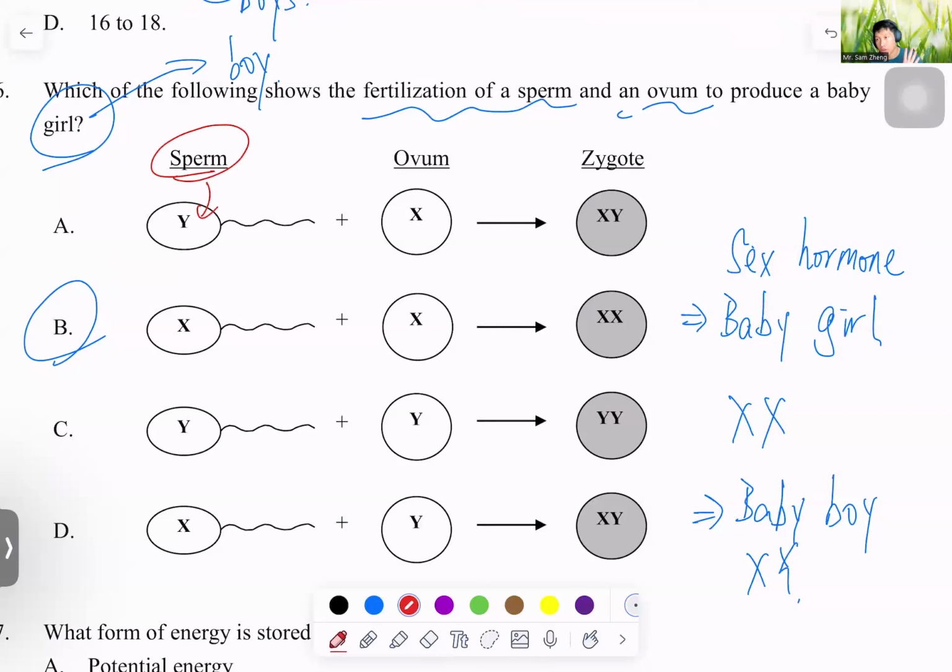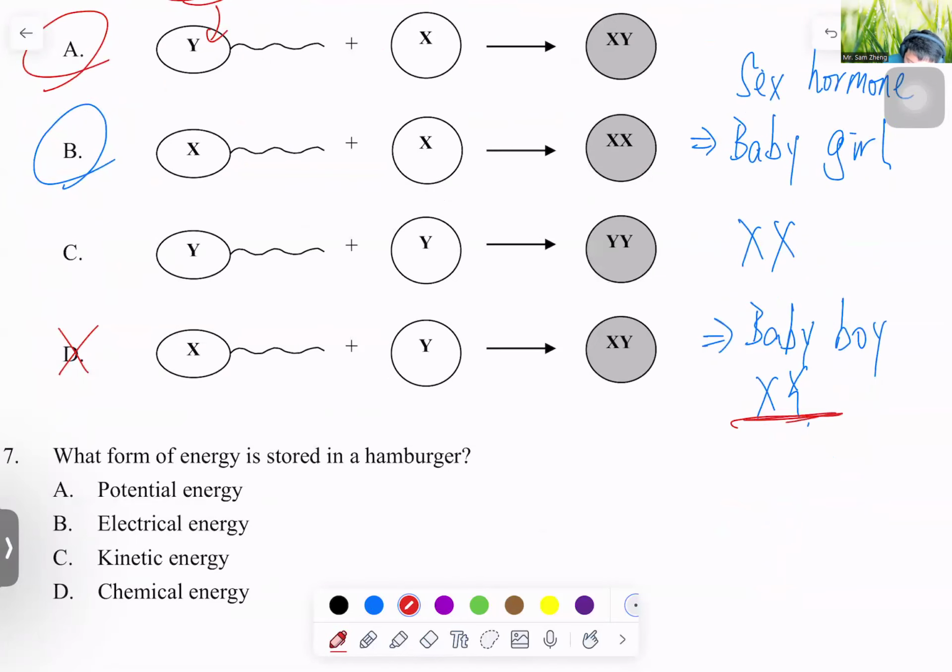Only the sperm cells can contain the Y chromosome, because the Y chromosome can only pass from the father but not the mother. So option D would not be correct if we ask about a boy. Only option A would be correct, because only the sperm will carry the Y sex chromosome, while the ovum will only carry the X sex chromosome. Please remember this if we are asking about the baby boy.